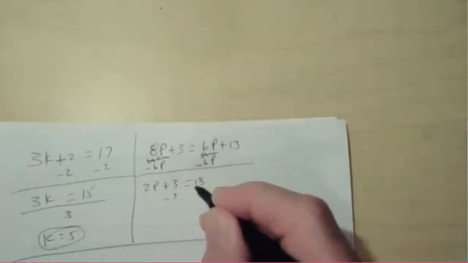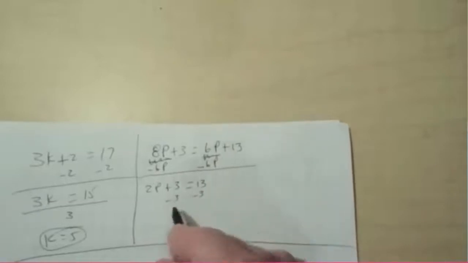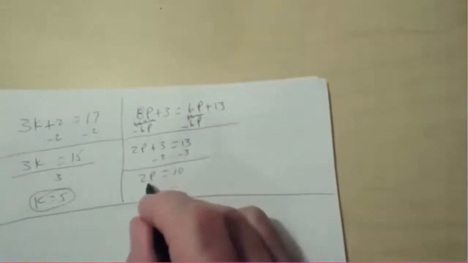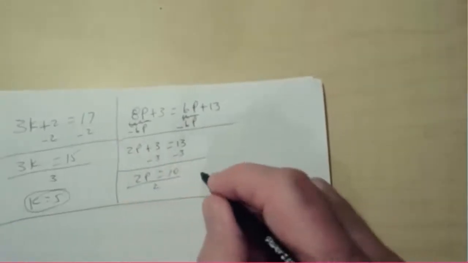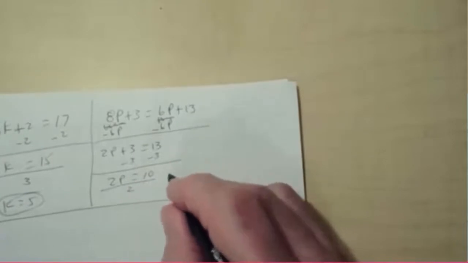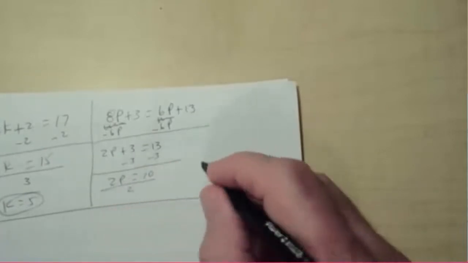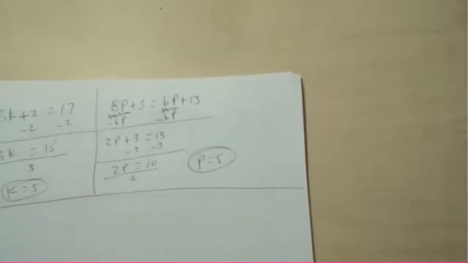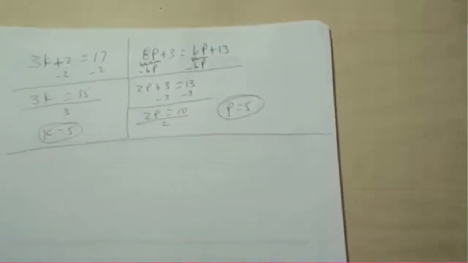Now we're going to subtract 3 from each side. 2p equals 10. Divide everything by 2. 2 divided by 2 is 1p, or just p, equals 5. Everybody got the idea there? I hope so.